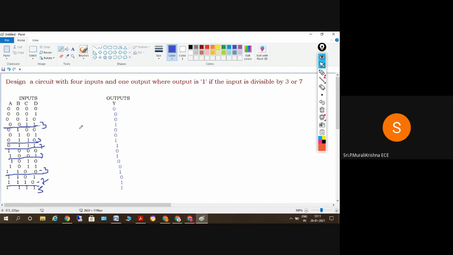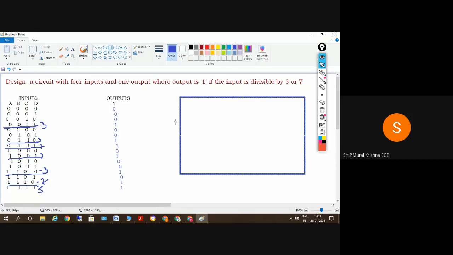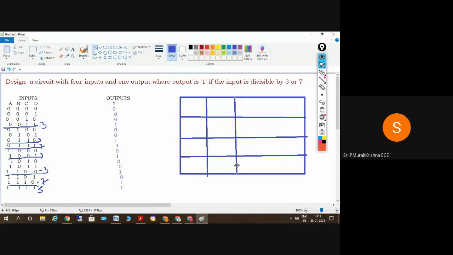Now we have to draw the K map for Y. This is AB, this is CD, with 00, 01, 11, 10 on each axis. So which outputs are 1?